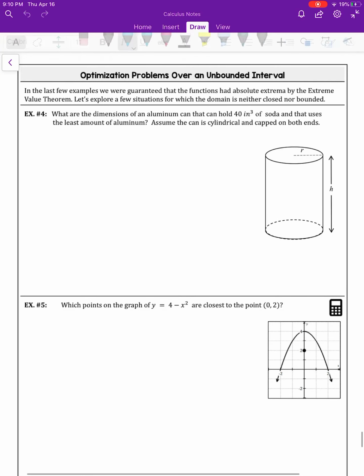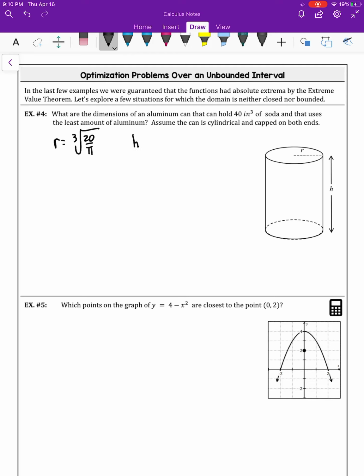Lesson 5.6, continued optimization. In the last example, I had gotten r equal to the cube root of 20 over pi, and then I went back to find h, and my h was equivalent to 40 over pi r squared.